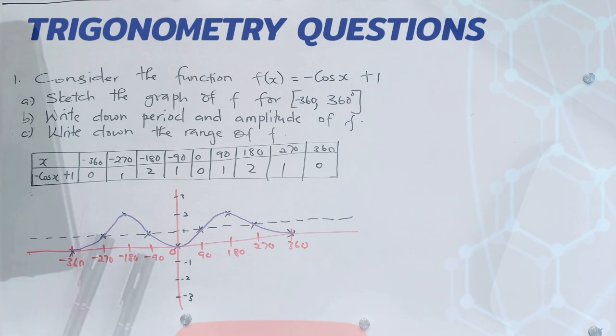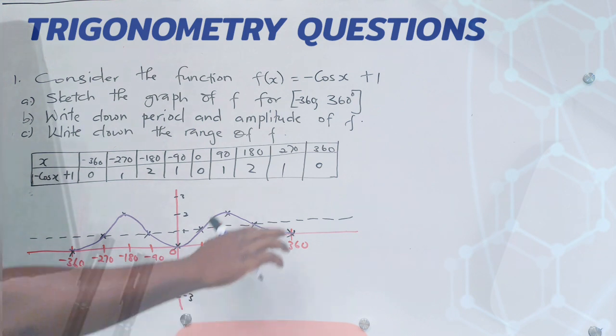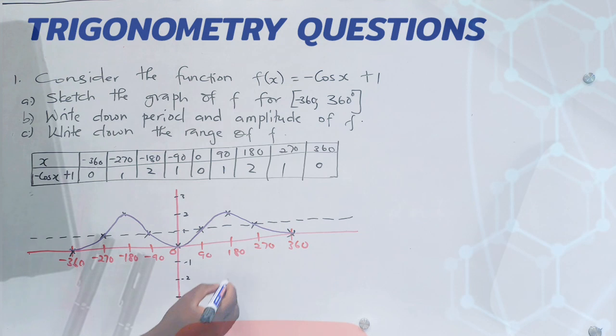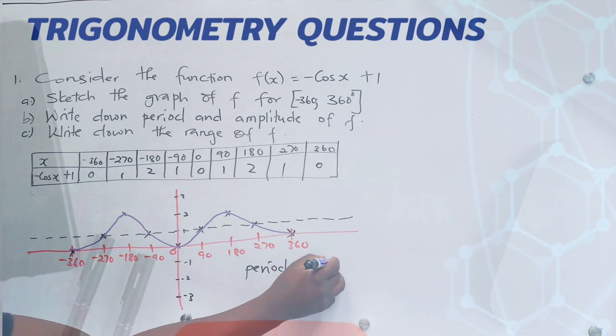Then the next question is asking for the period and amplitude. For the period, you check the coefficient, the value before x. There is a 1 there. So our period is equal to 360 divided by 1, we get 360 degrees.